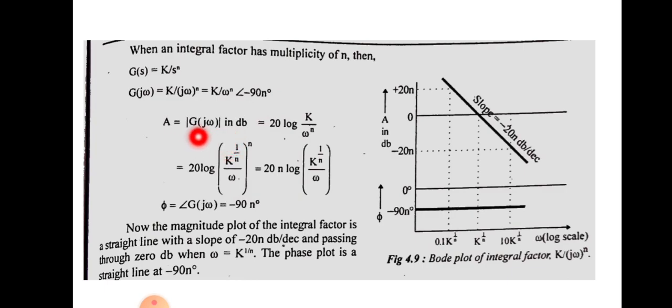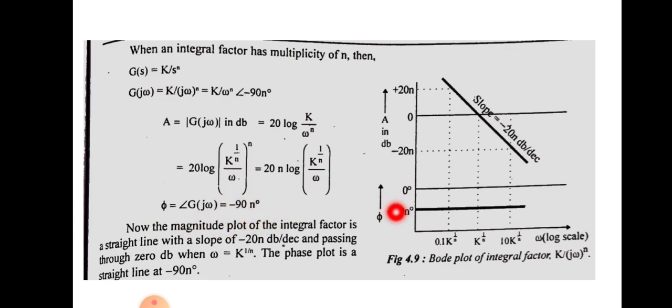So the magnitude plot can be obtained from this term, that is k by omega, for different values of omega, but you should know the value of k by omega raised to n. So you can write the magnitude as 20 log of k raised to 1 by n divided by omega, all raised to n, that is equal to 20 n log of k raised to 1 by n divided by omega, and the phase angle will be minus 90 degrees into n.